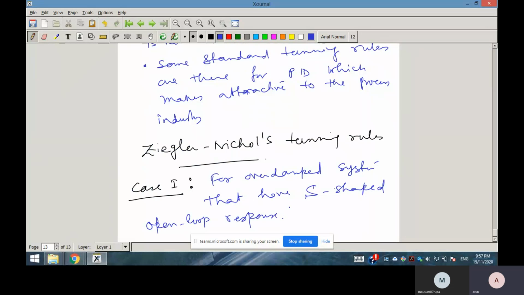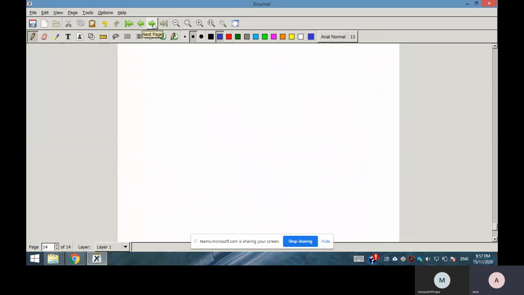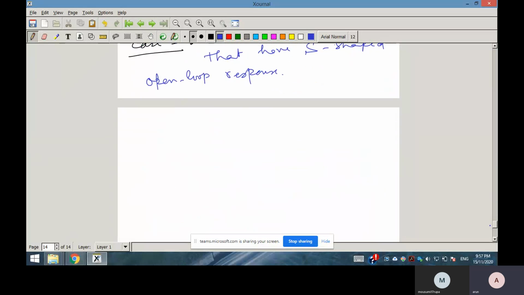You need not have the transfer function, but you know the process has an S-shaped kind of open loop response. S-shaped means like this.